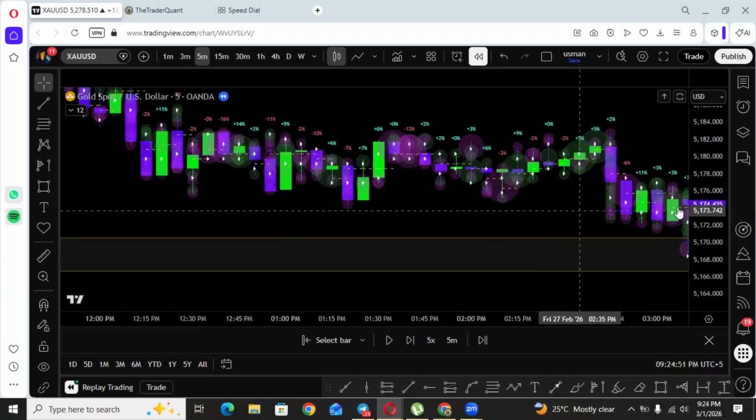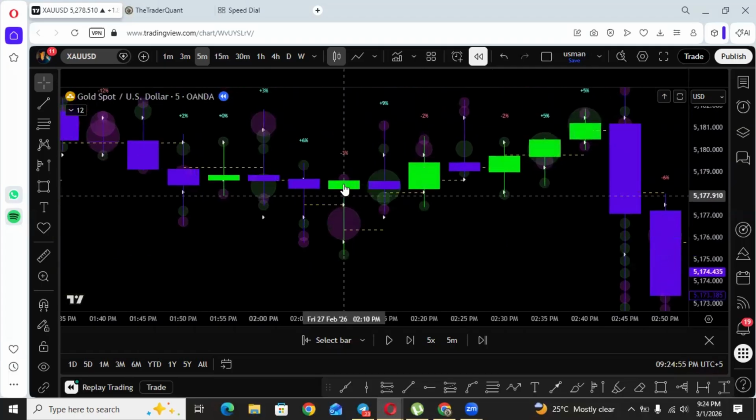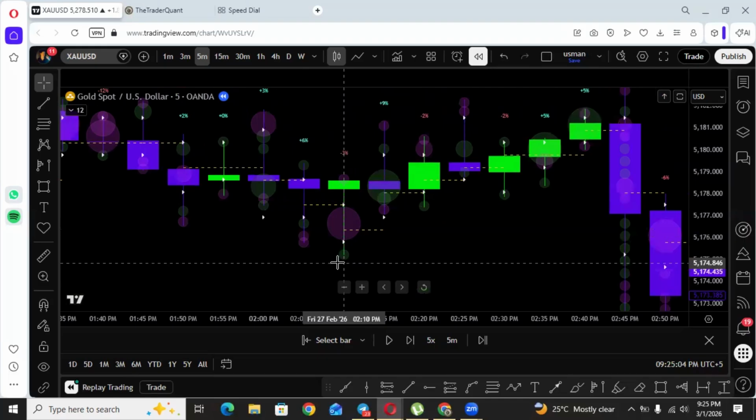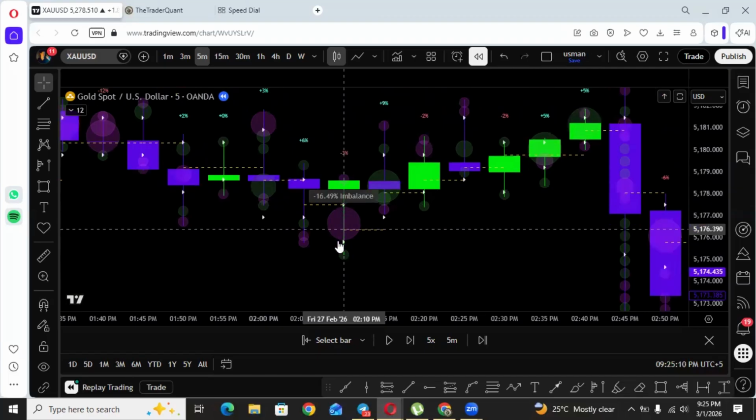You can see in this area what happened in this buying scenario. A selling candle opened from here and pushed the price down. This was a sell candle, and when it closed, the next candle opened from here and pushed the price down.